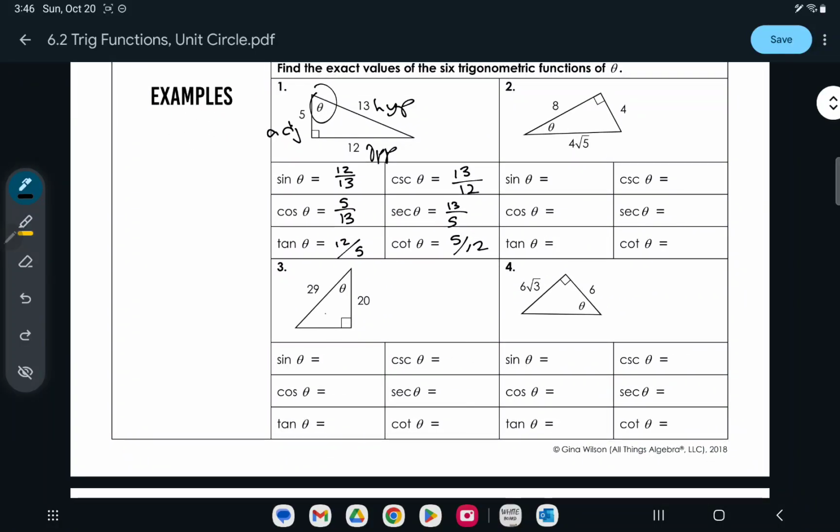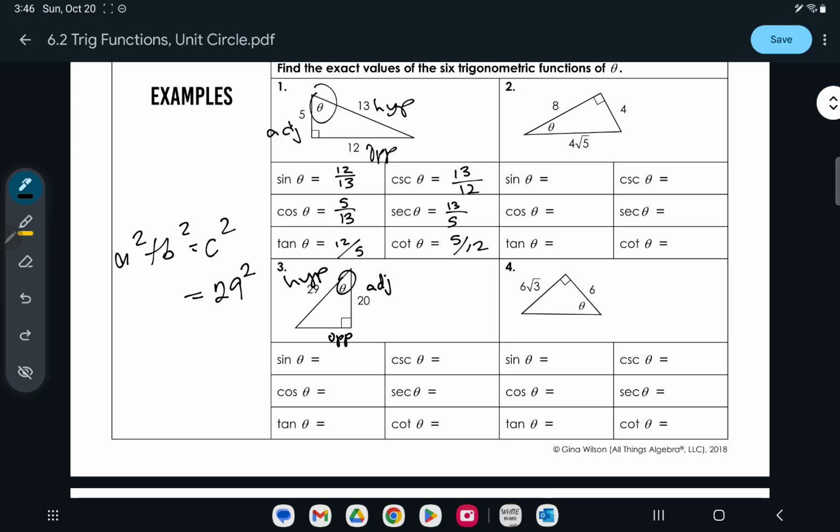What if we don't have a third side? We have opposite, adjacent, and hypotenuse. We can use something called the Pythagorean theorem. A squared plus b squared equals c squared, where c is always the hypotenuse, so 29 squared.